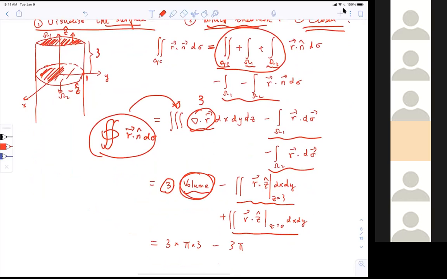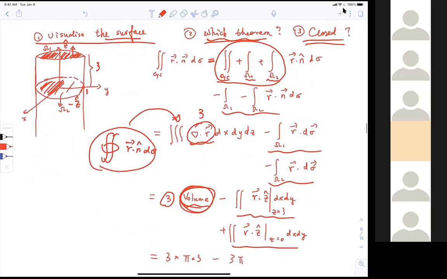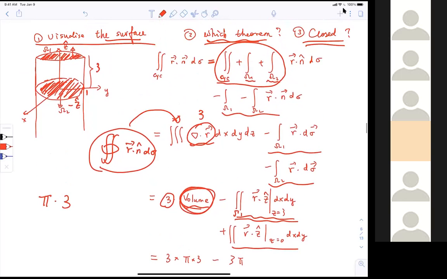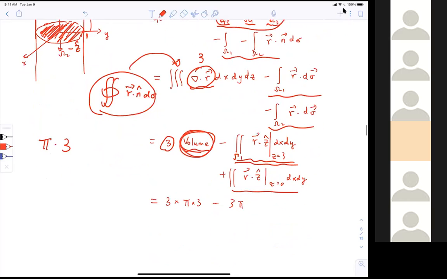So the volume in this case is easy. It's the area of the disk, which is pi, times the height. The height is 3, so it's 3 times pi times 3, right? And for omega 1, notice that z is always 3.